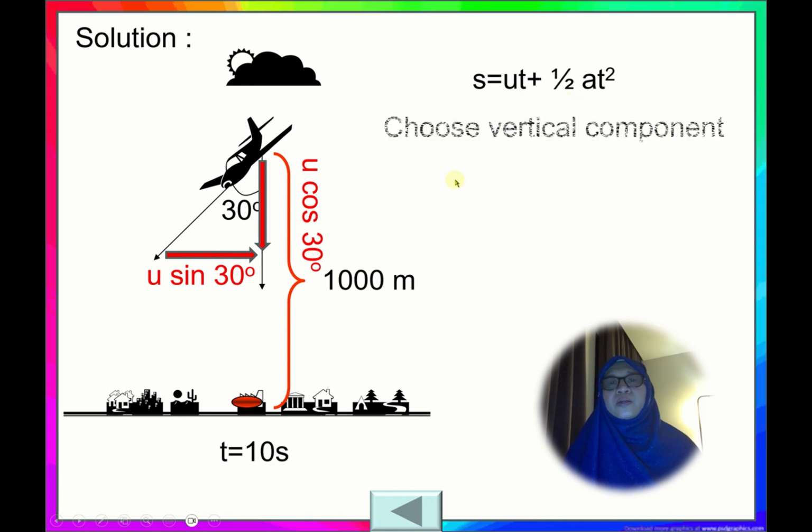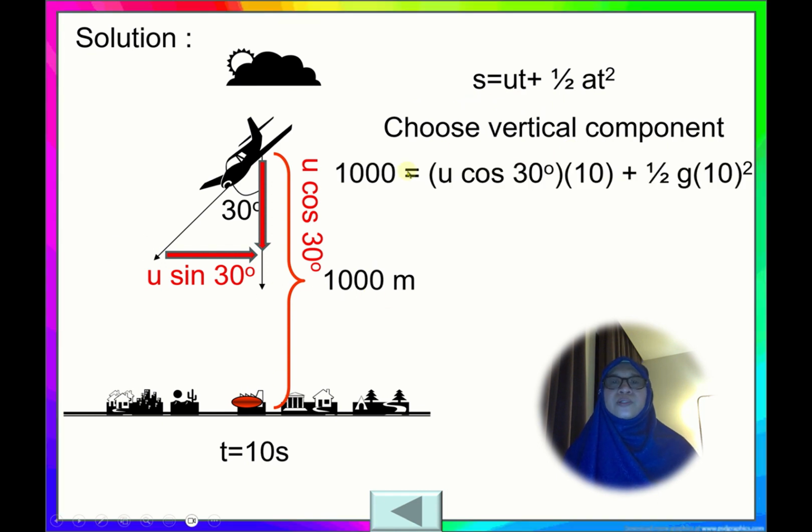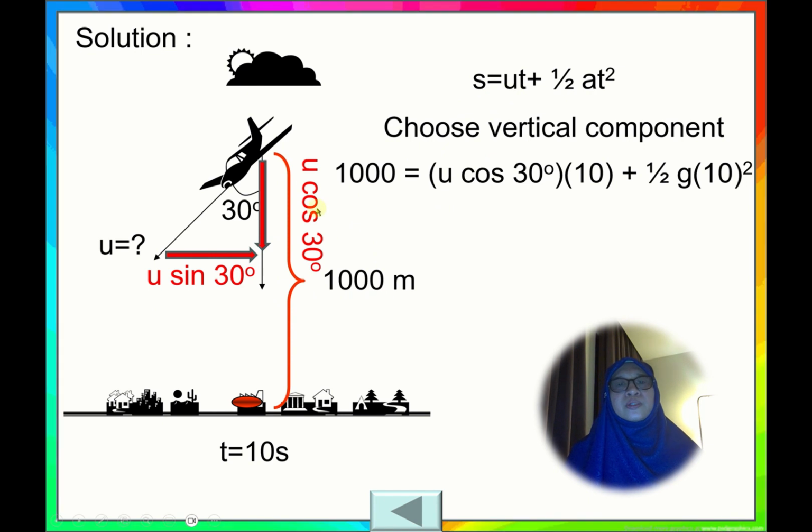We choose the vertical component because 1000 meter is vertical. So s is 1000. You must choose u cos 30 degrees because the vertical component is u cos 30 degrees, not u sin 30 degrees. u sin 30 degrees is horizontal.